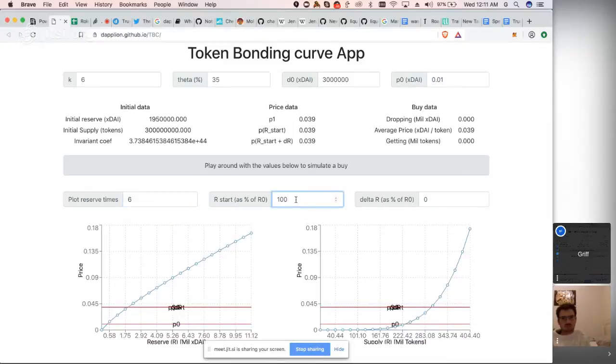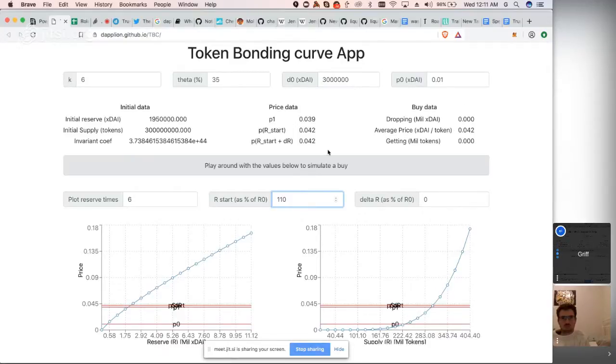Now R start is where you are on the curve. So if it's at 100, then you're right at the hatch sale price. If you're at 110, the reserve is 10% larger than R0. So basically 10% of R0 amount of funds came in here.